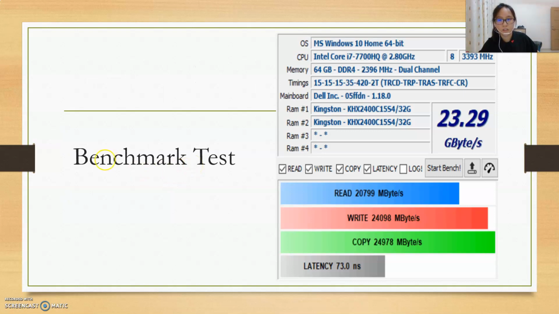This is the benchmark test that shows us the speed is 3,393 megahertz, and the megabyte per second read is 20799, and the megabyte per second write is 24098, and the megabyte per second copy is 24,978.